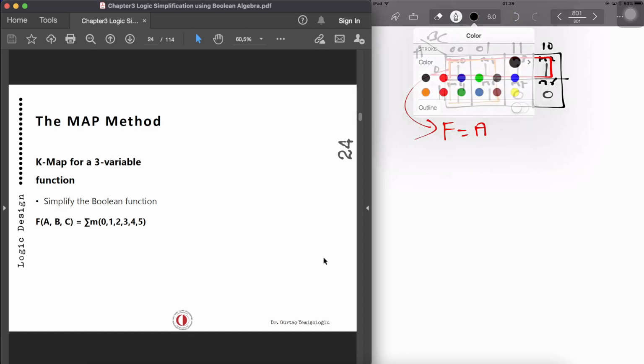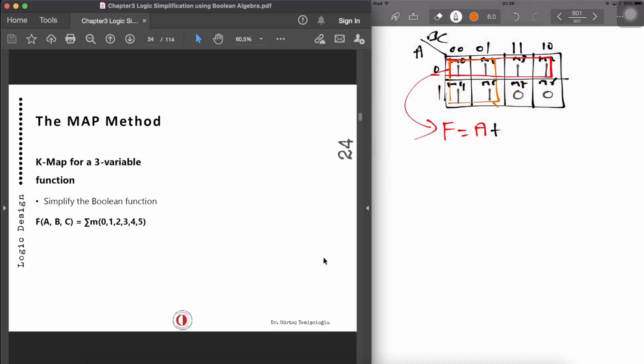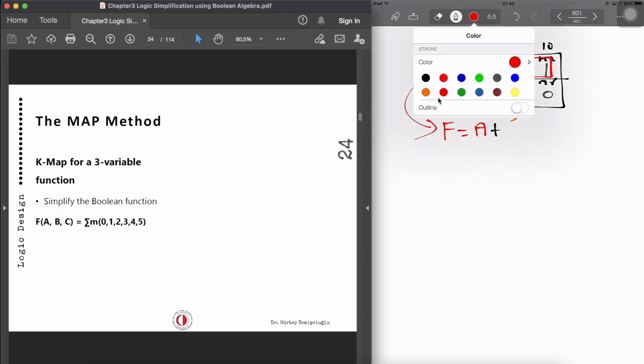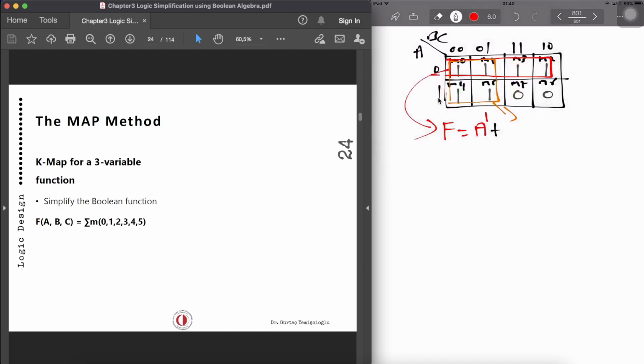And I'll just put an OR sign in between, and when I combine those 4 together, I can see that in this rectangle, A is 0 changing to 1. So I don't write A. By the way, this is A prime. We should not forget to write that.